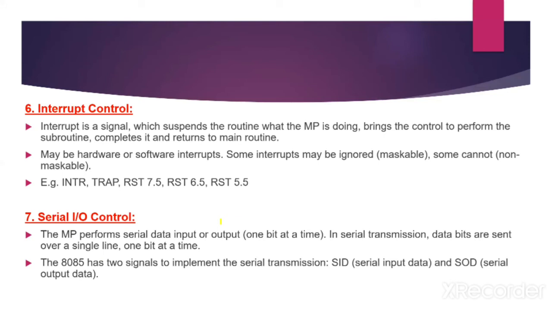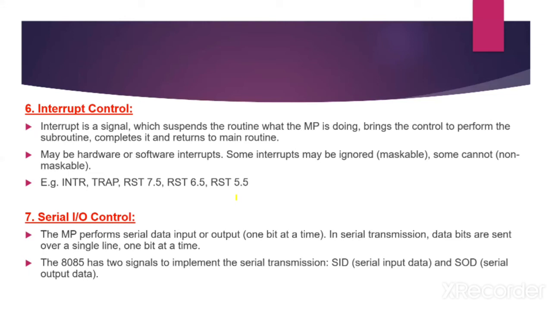An interrupt is a subroutine call, meaning interrupt signals are initiated by an external device. If these interrupt signals are from an external device through hardware, then it is a hardware interrupt. If the interrupt is from microprocessor to microprocessor, meaning it calls itself, then it's a software interrupt.